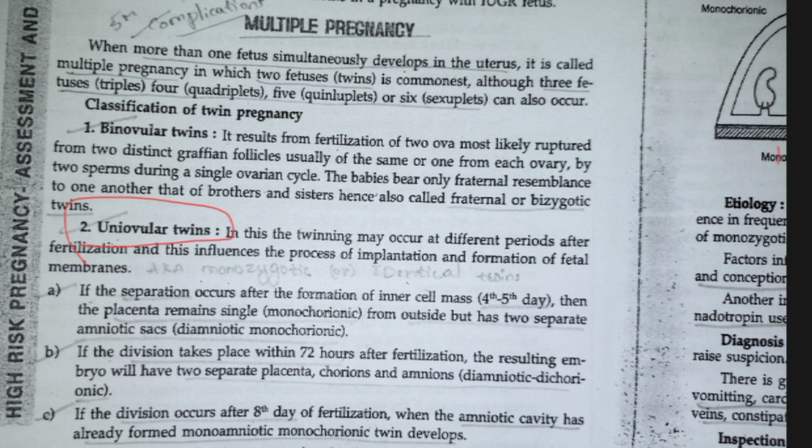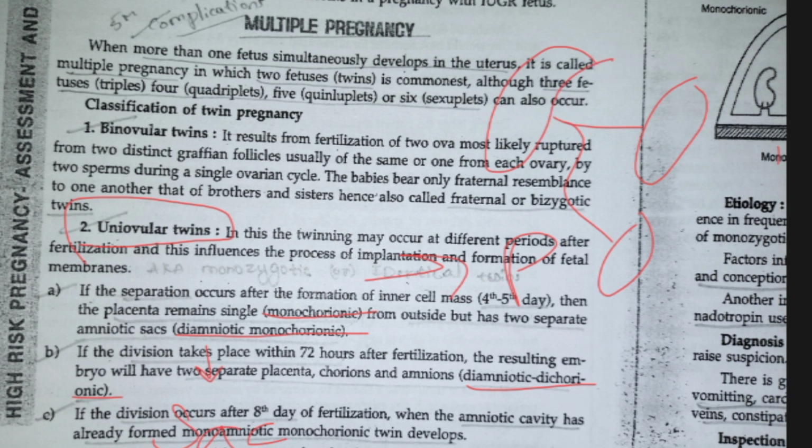Univular twins have a few terms: monochorionic monoamniotic, monochorionic diamniotic, and dichorionic diamniotic. Here chorionic indicates placenta, and amniotic indicates the amniotic sac, the bag surrounding the baby. So the first condition is monochorionic. Both babies are connected to one placenta, that is monochorionic.